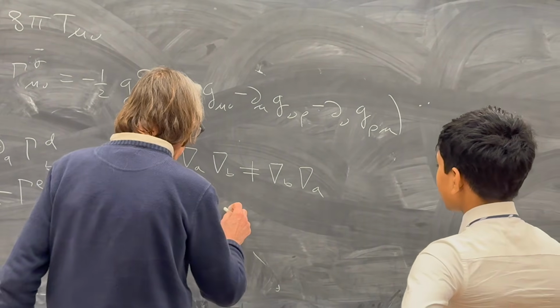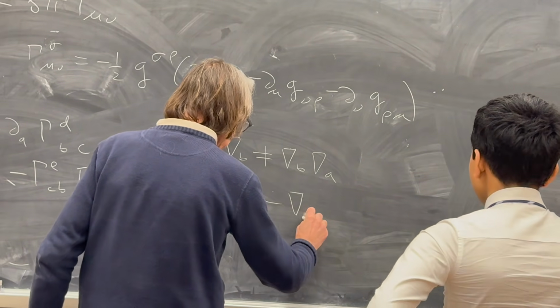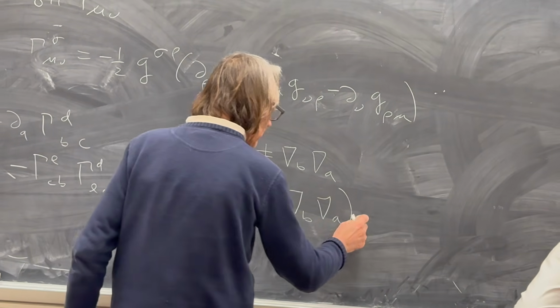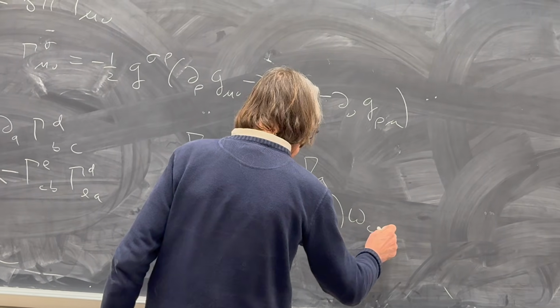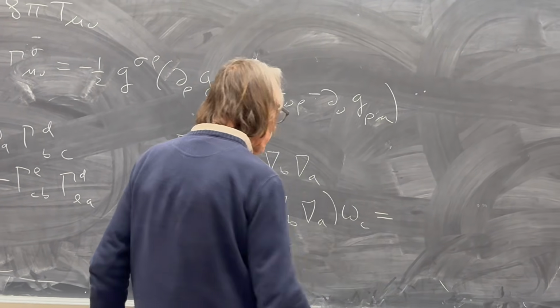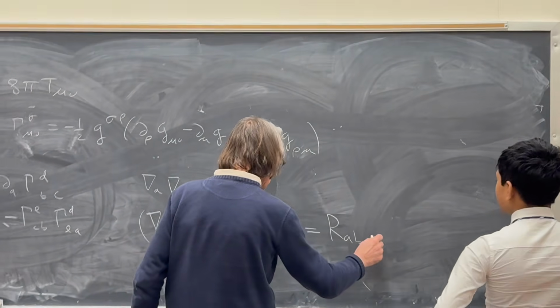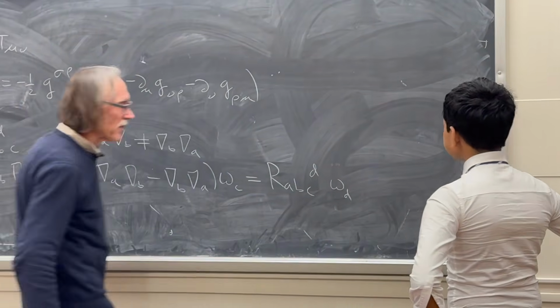If you look at these two minus this one, and you act with this on a vector, say omega_c, then this is equal to R_abcd times omega^d.